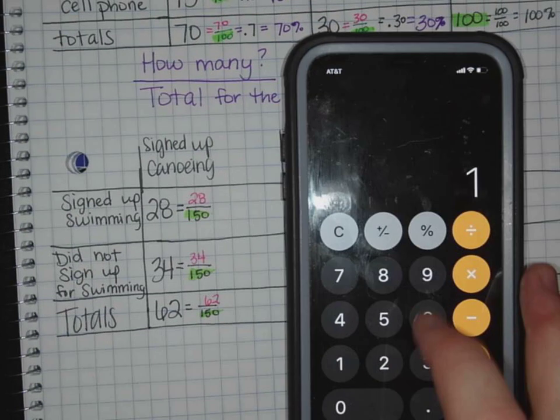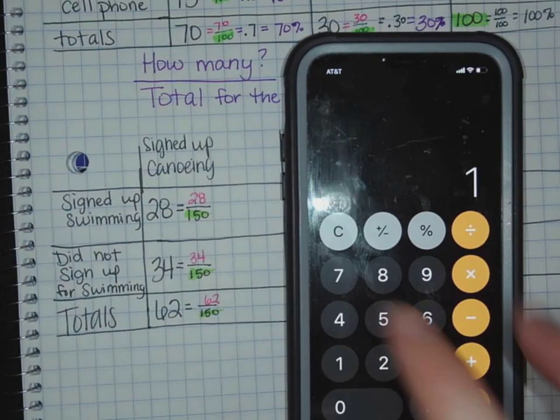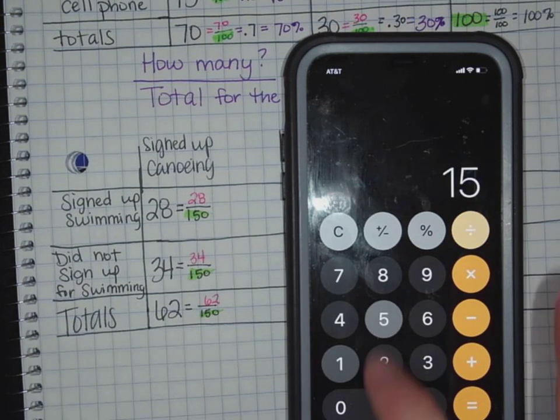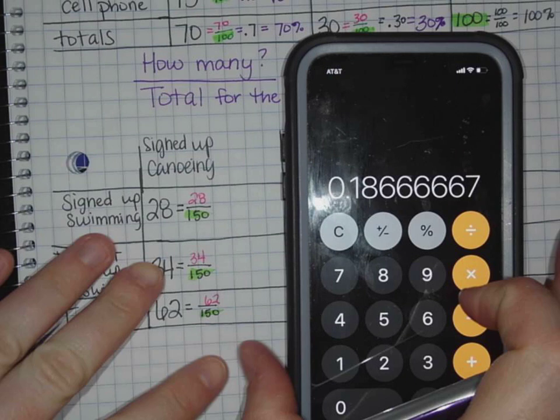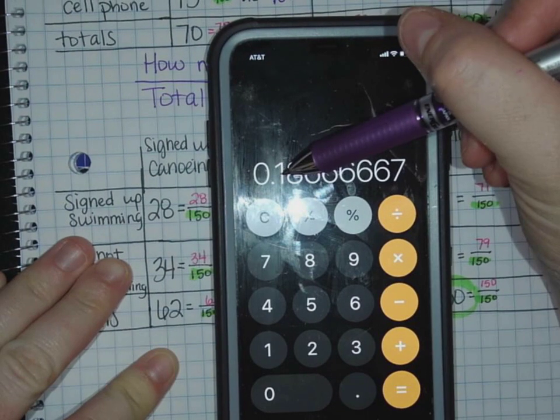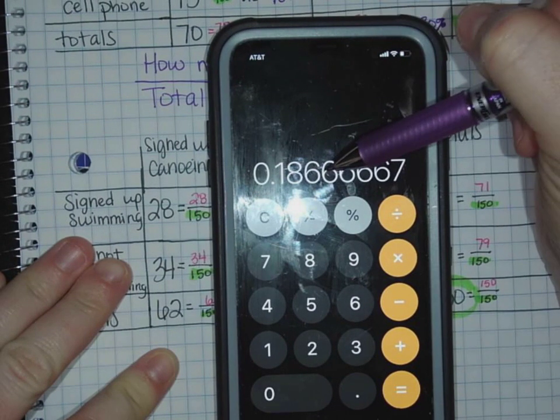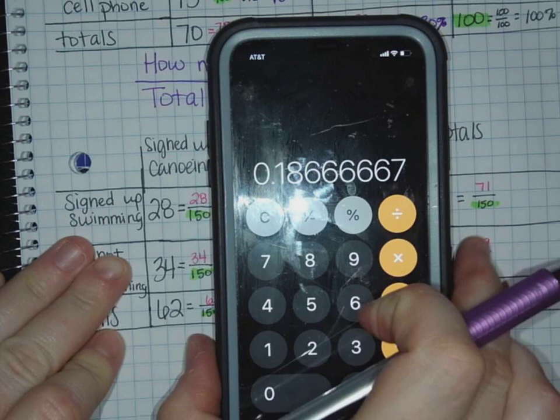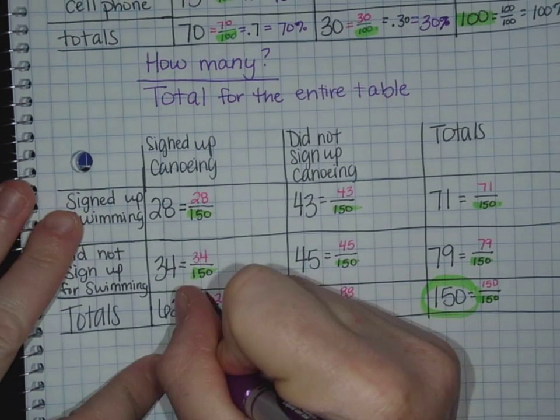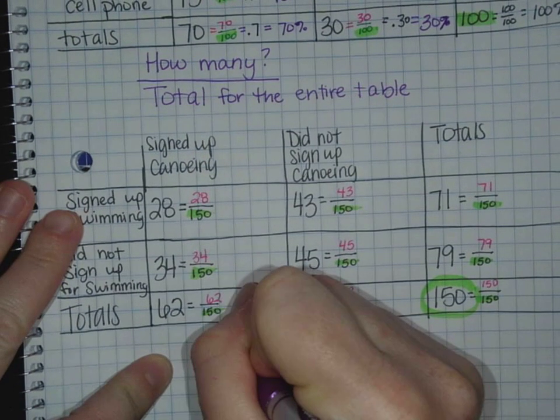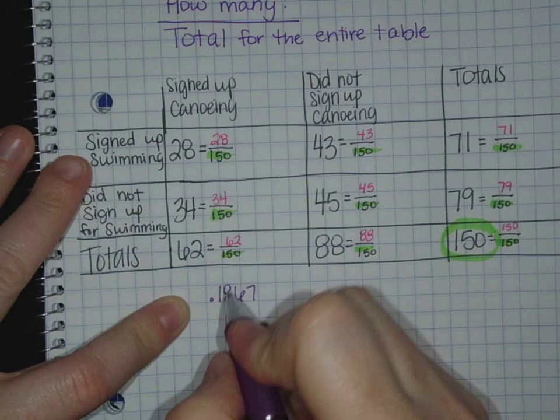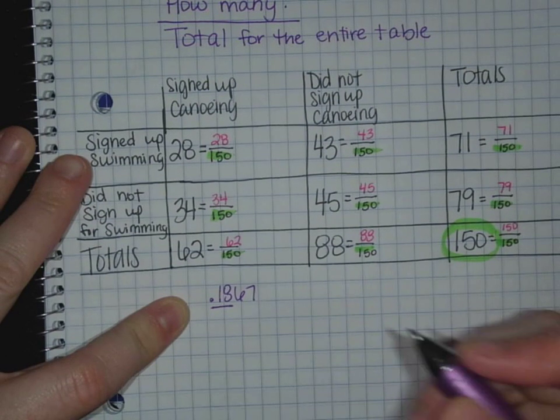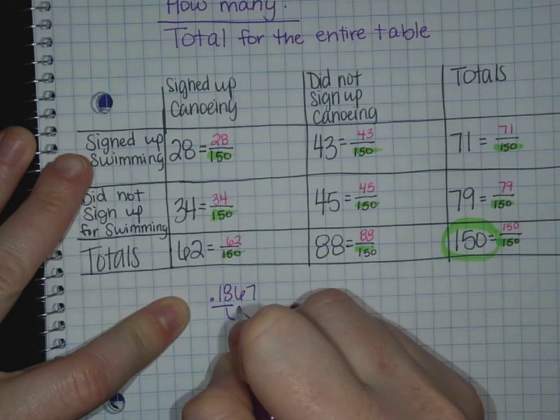I'm going to do 28. So how many divided by the total? There are 28 out of a total of 150. So that would be 0.18667. Again, you want to round these. I would only want 2 decimal places because I want to round it to the whole percentage.